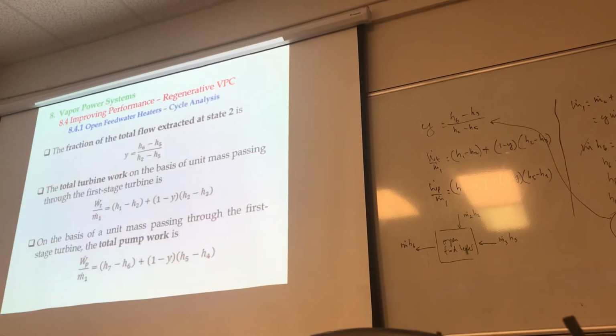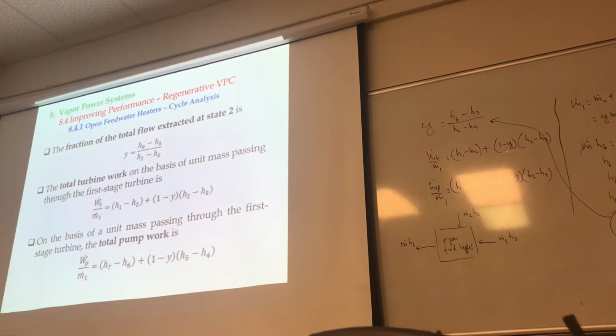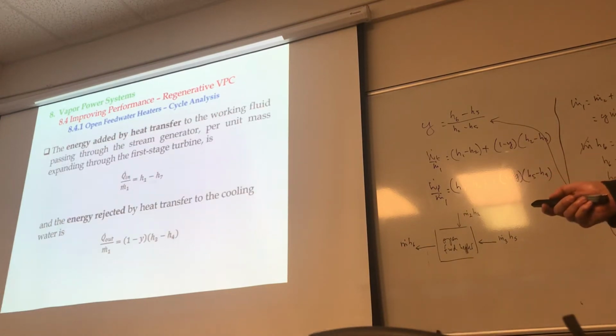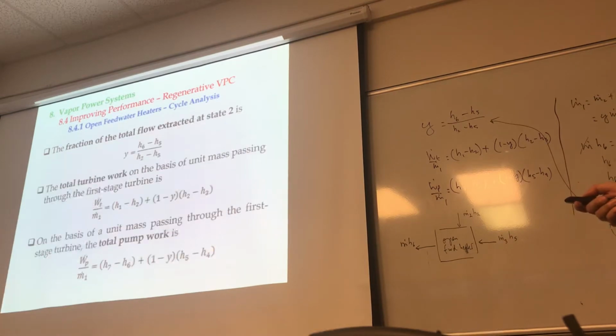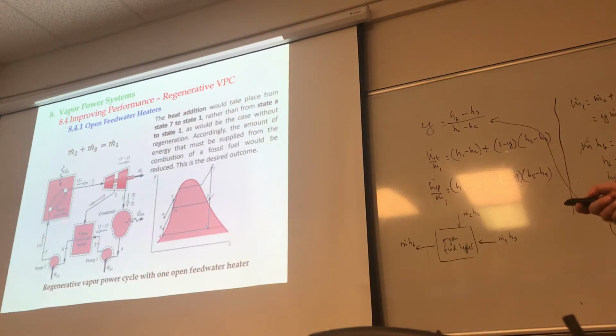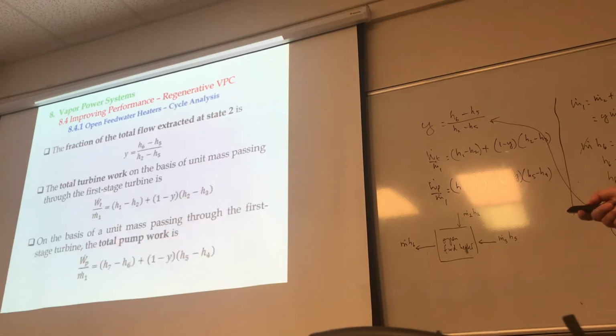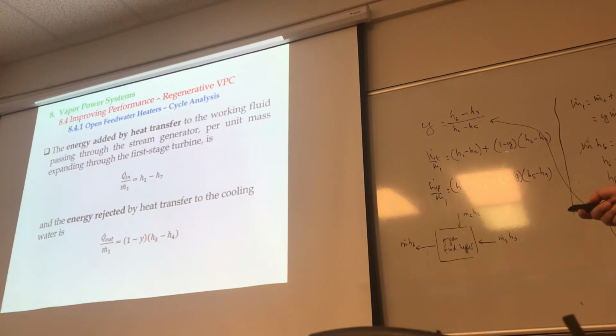These are the equations we just talked about a moment ago. And then the energy added by heat transfer, Qin, is h1 minus h7, okay? And then the energy out is 1 minus y times h3 minus h4.